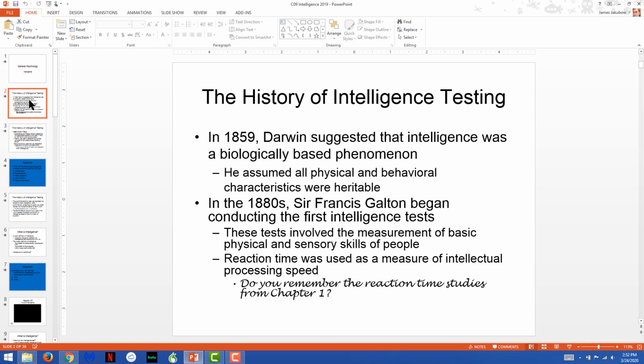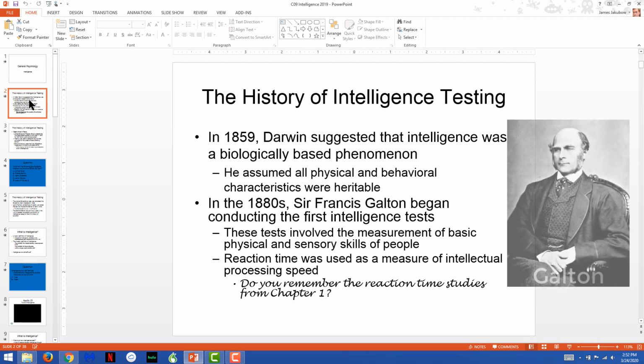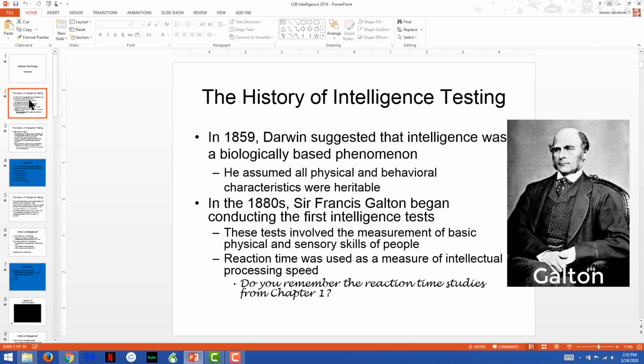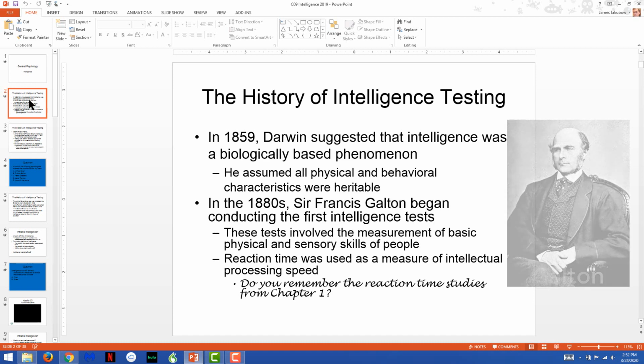And it's not long, maybe about 20 years or so, before a fellow named Sir Francis Galton, who was actually Darwin's cousin, began to apply the first intelligence tests based off of the essential theory that intelligence is going to be a genetically based characteristic.